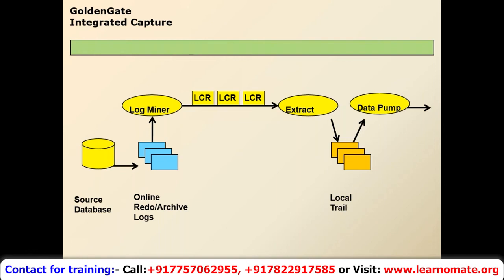Yeah, I think there is one layer, but integrated capture does not need to check all the database. I think it checks only data from this layer. Okay, good. Srinivas? What I'm suspecting is it won't do any block shifting. It will query the online redo log, convert it to SQL statements, and write to the trail file.